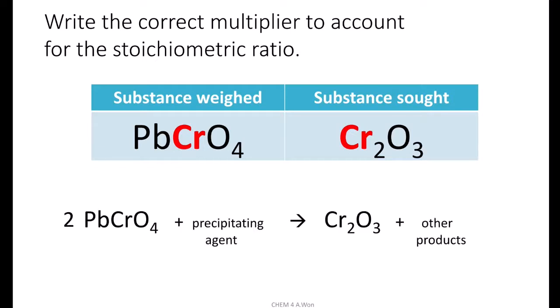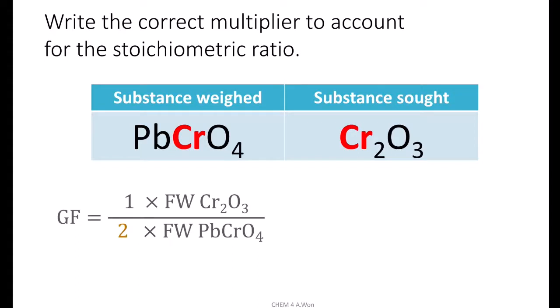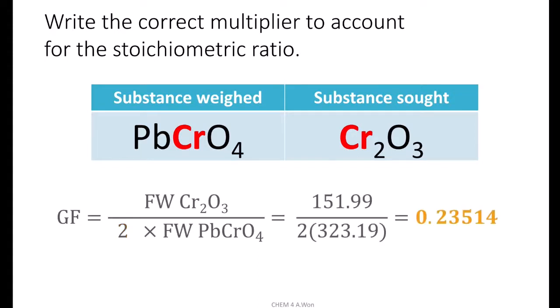So, if you imagine them being in a chemical equation, you give PbCrO4 a coefficient of 2 to balance it, right? Okay, so let's just take those coefficients and plug them in the equation. After that, we just plug in the values for the formula weight of Cr2O3 and formula weight of PbCrO4, and we get the gravimetric factor, 0.23514.